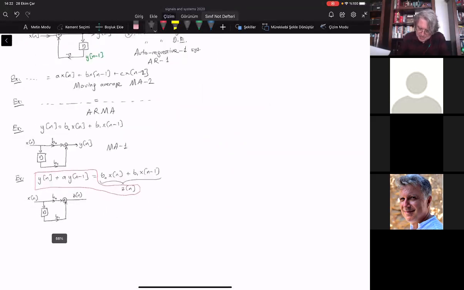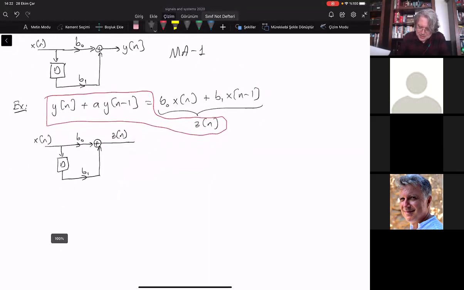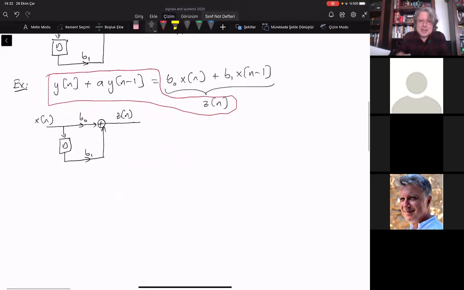Now I'm coming back just to make a reminder of how things work. What were we doing? We were making an output y of n because we need a times y of n minus 1. So we have a tap from here and we put a delay element. And here we have y of n minus 1.